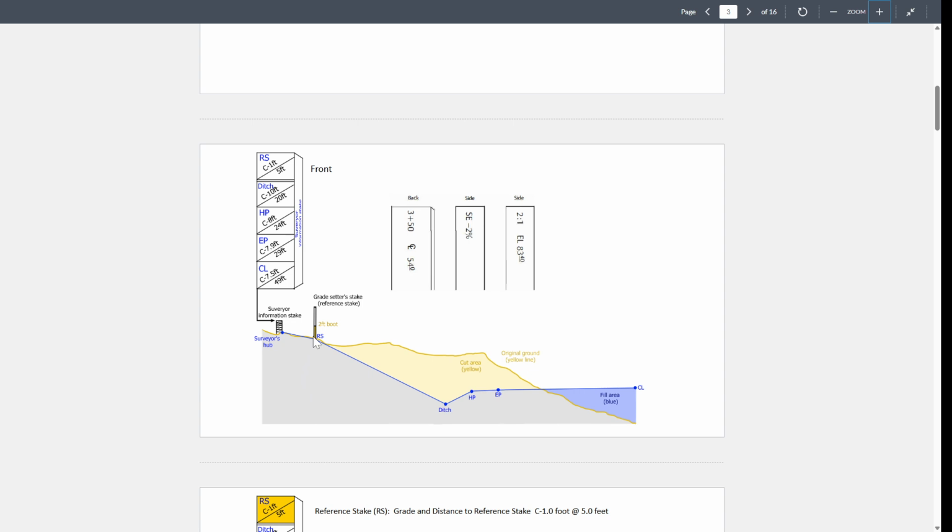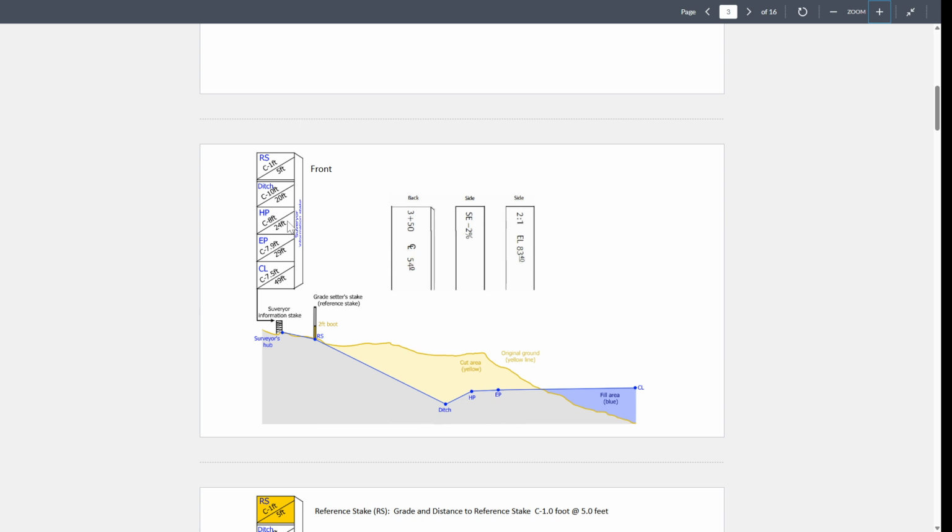I'm just wanting you to understand that you're not really going down and cutting out all of this. What you're doing is building a slope that has a vertical dimension of 8 feet and a horizontal dimension of 24 feet.